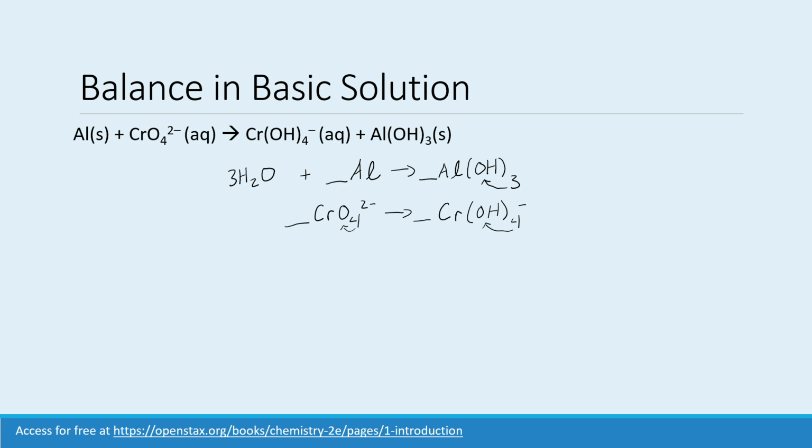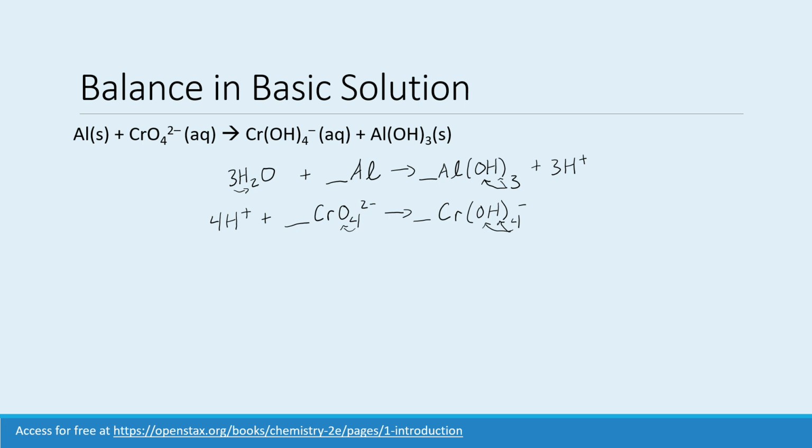Go back and balance the hydrogens. So of course we have 6 hydrogens on the reactant side and only 3 on the product side, so we need to add 3 hydrogens to that first reaction. And for the second reaction, we've got 4 hydrogens on that product side, so we need 4 hydrogen ions on the reactant side.